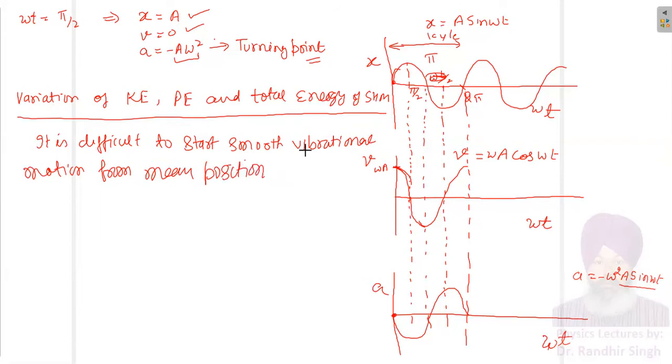When you strike it with a hammer, it may happen that currents will be produced. Currents means randomness will be produced. So the motion may not be completely smooth. So it is very difficult to start a smooth vibrational motion from mean position experimentally.